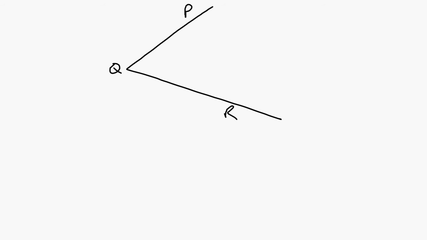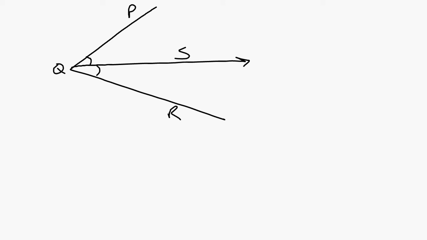QS bisects it. If it bisects it, these two angles are congruent. Next, it says the measure of PQS is 5y minus 1. So this angle, PQS, is 5y minus 1.